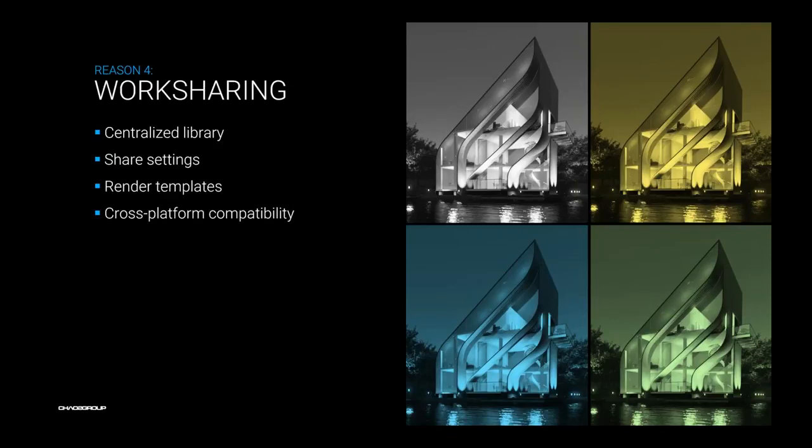So starting with a centralized library, by default, we already saw that the V-Ray Revit material library is installed on your C drive. You can select any location for it, even on a server, and point at it under asset paths in the V-Ray UI.